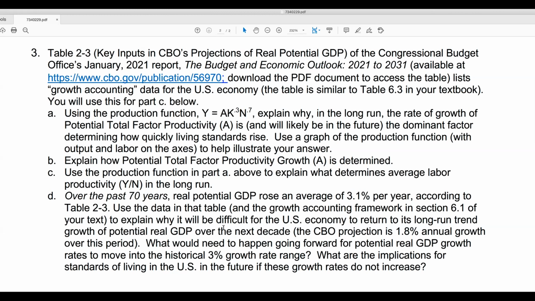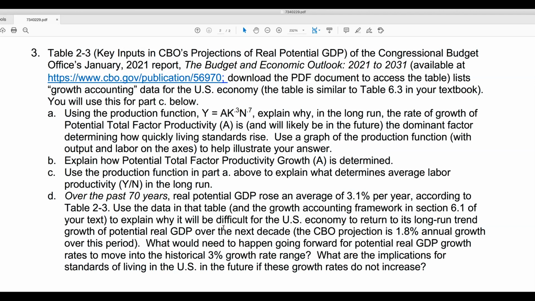It doesn't have to be an increase in technology. It could be an increase in the way that the capital and labor are now working together, what software they have to work with, AI, machine learning. The same amount of capital and machines with new software can produce more stuff, for example.